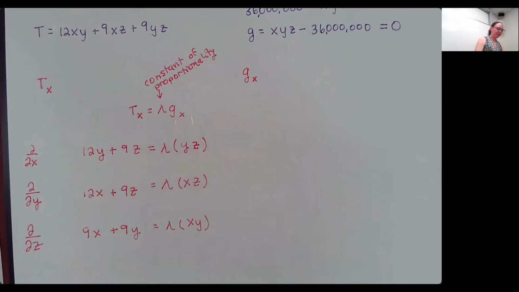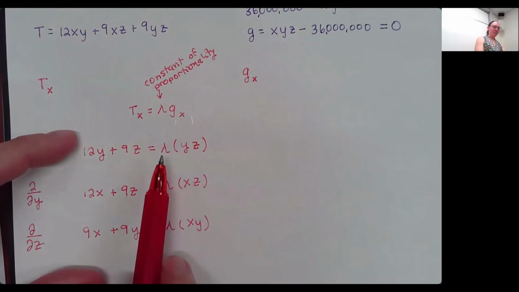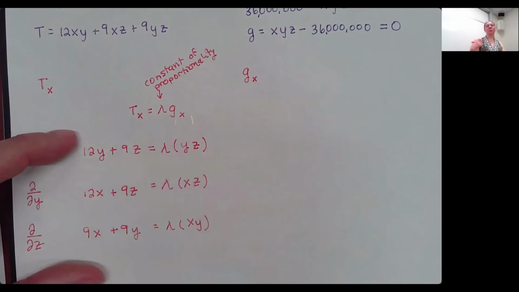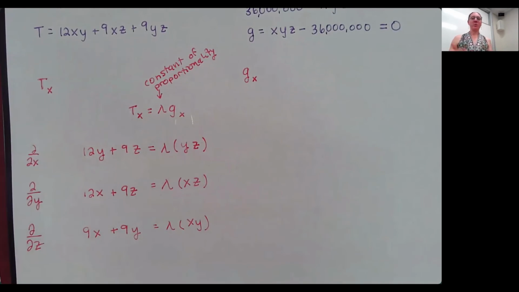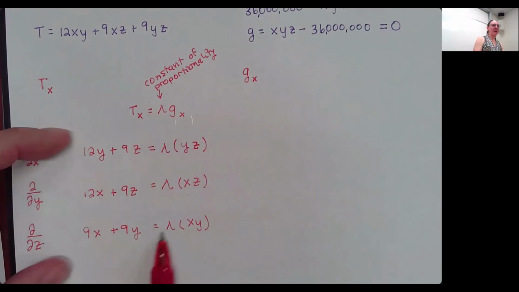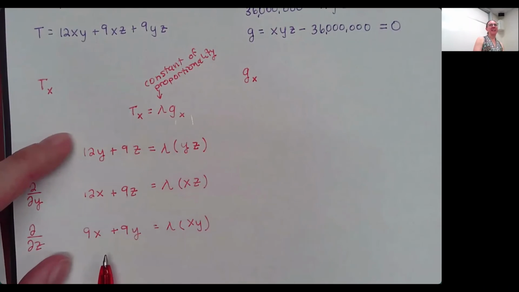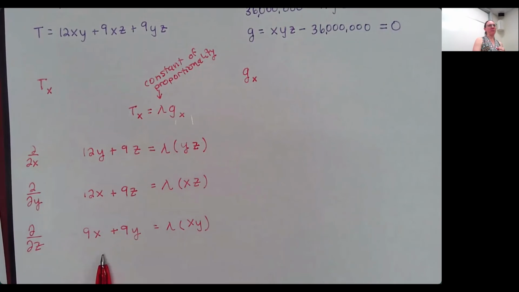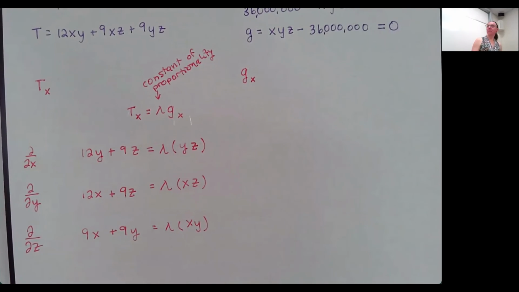But because the final answer we're looking for is just values of x, y, and z, we're not looking for a value of lambda. What we can usually do, almost always, is to take the equations that came from our partial derivatives and eliminate lambda from them. Here's what I mean by that.